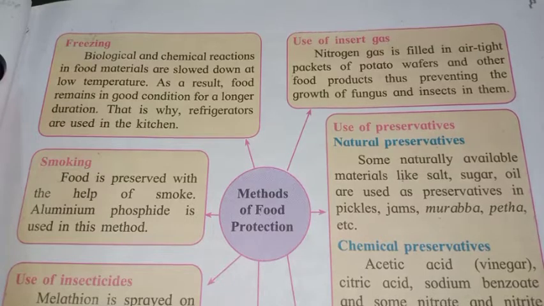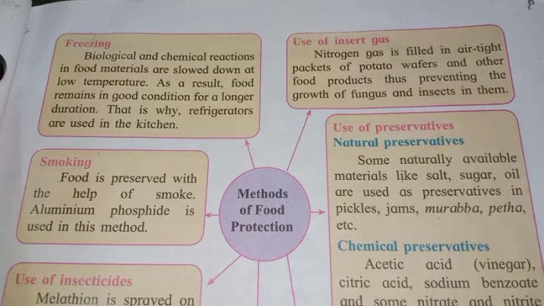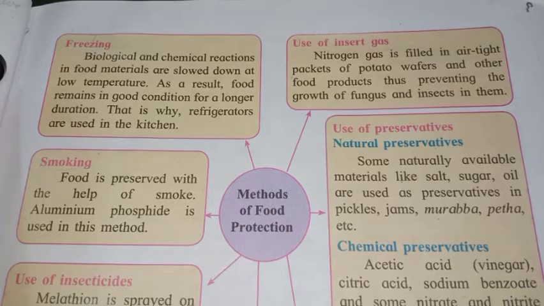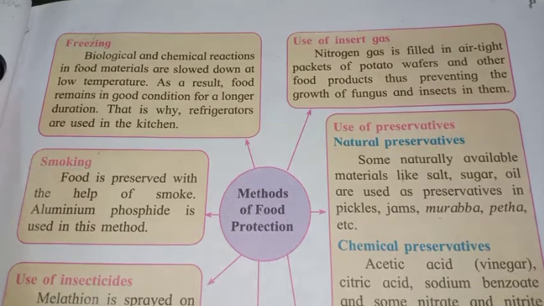So what is the purpose of using a fridge? Refrigerators are used for freezing food. Because of the low temperature of freezers, the biological and chemical reactions in food materials are slowed down. So food remains unspoiled for a long time. Okay, so this is the reason why refrigerators are used in the kitchen.